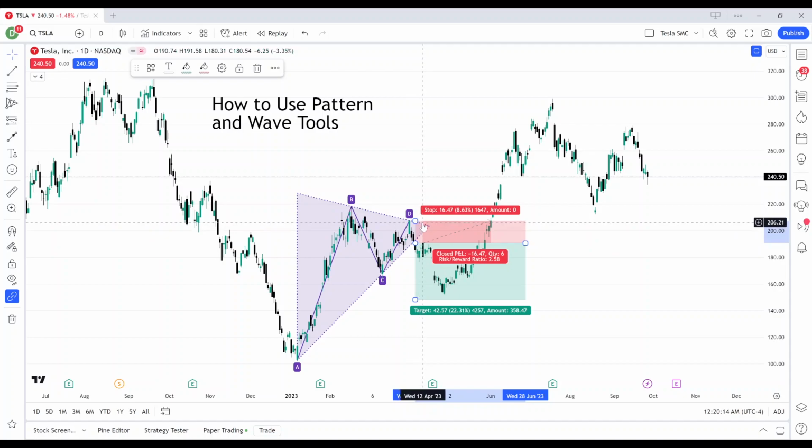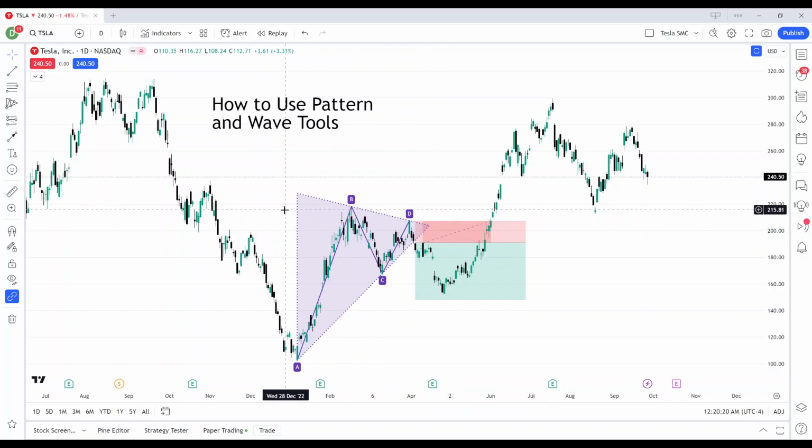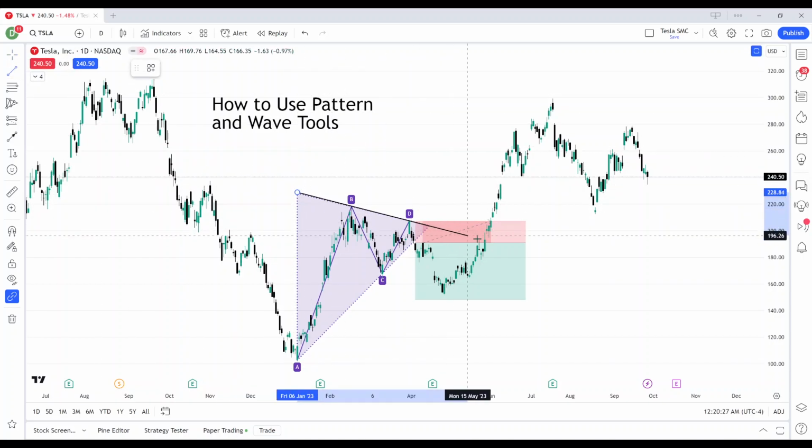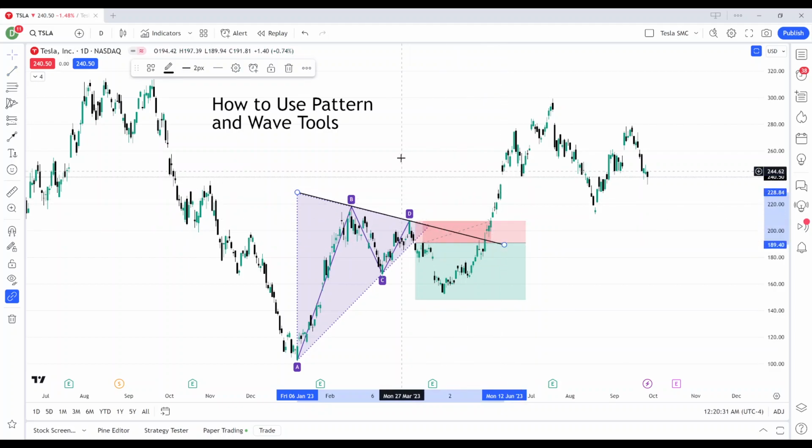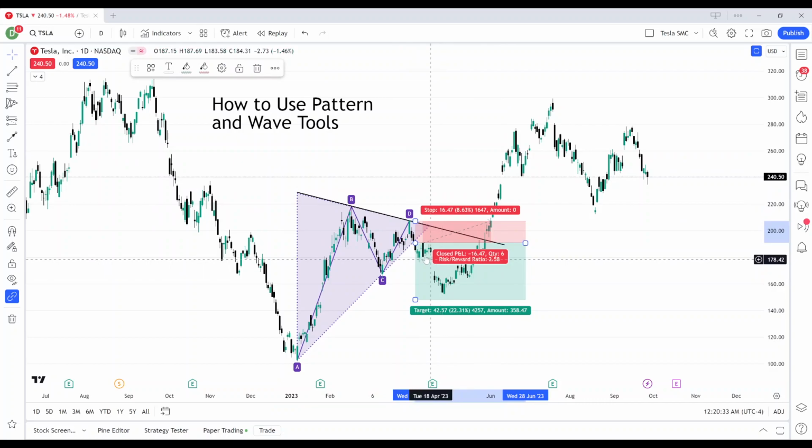So if we broke back up to this trend line right here, I'll show you a trick that you can do. Since that triangle pattern tool only gives us the actual triangle, if you draw the trend line and extend it through like so, then you could say that if price, see, we broke down, so if price were to run back up anywhere into this trend line, you could call that your stop loss.